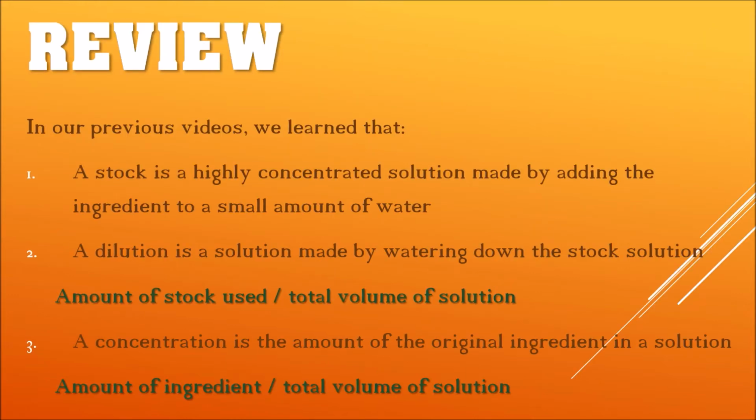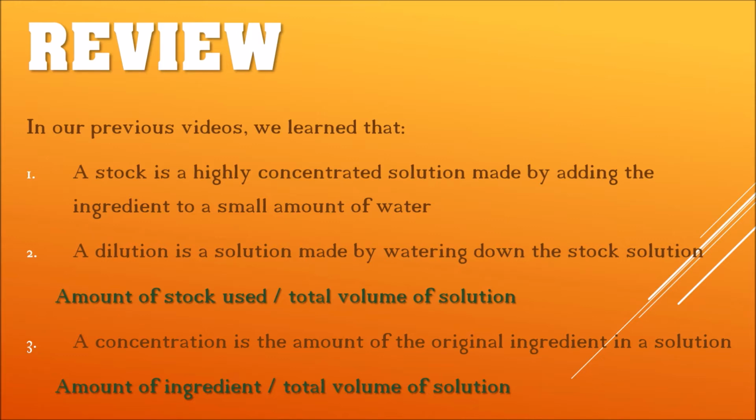In our previous video, just to review a little bit, we learned that a stock is a highly concentrated solution. So a stock is just another solution, just highly concentrated, made by adding your active or desired ingredient to a small amount of water.